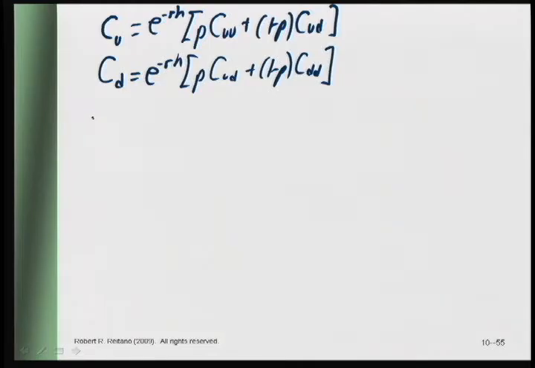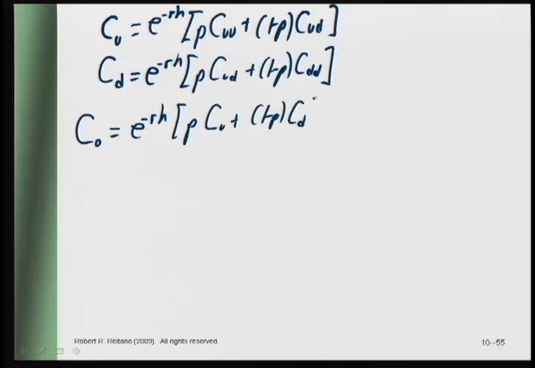Finally, the value of the option at time 0 is the present value of these two option values that we just calculated, P times CU plus 1 minus P times CD.